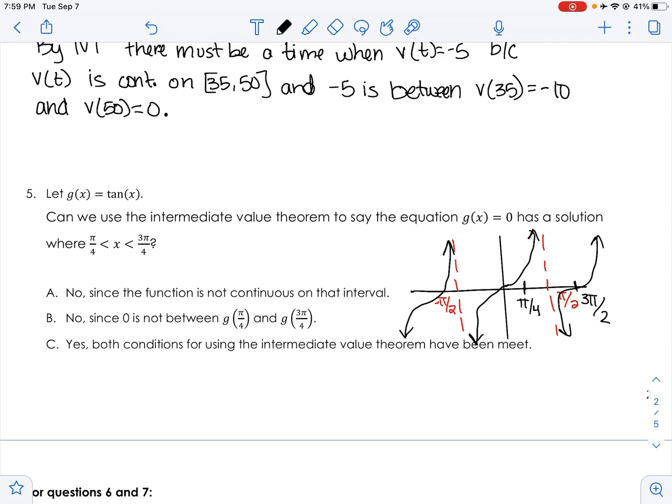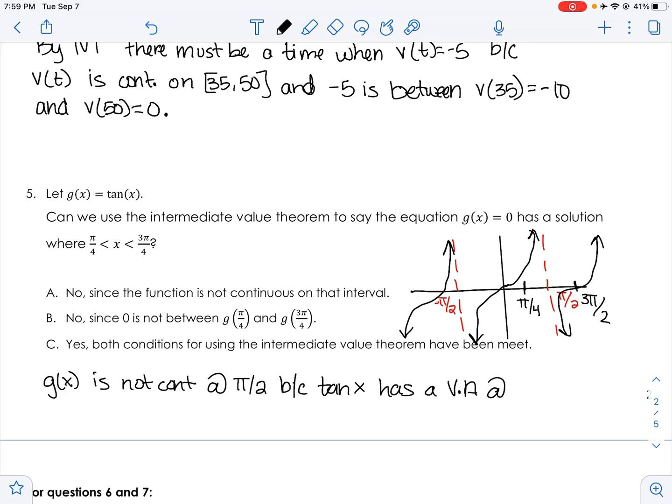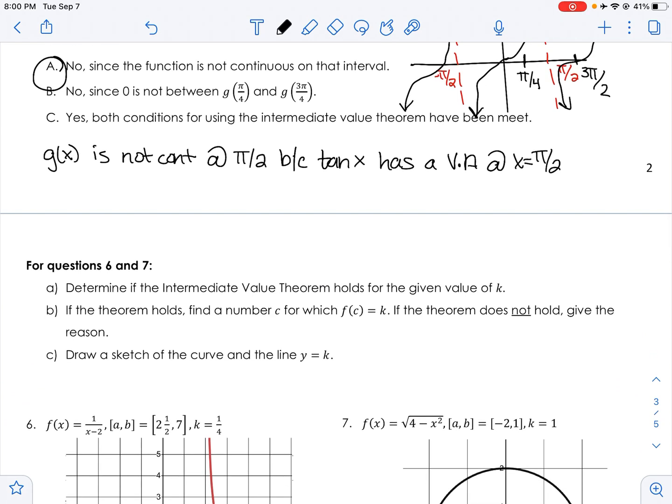So therefore, g of x is not continuous at pi over 2 because tangent x has a vertical asymptote at x equals pi over 2. So therefore, it is not continuous on that interval. Okay, moving on to the next part.